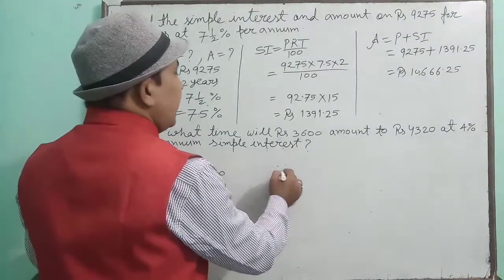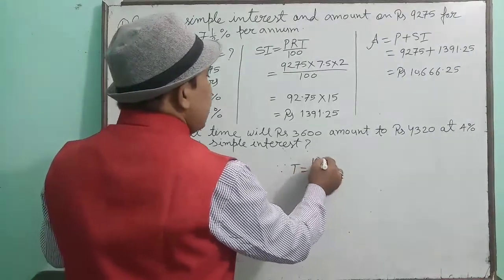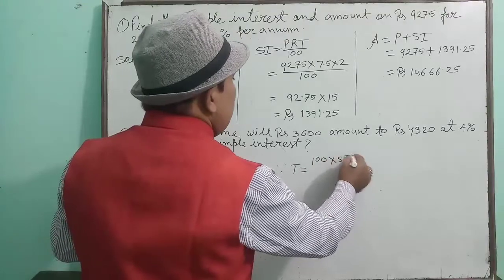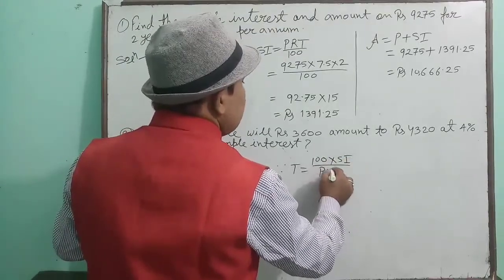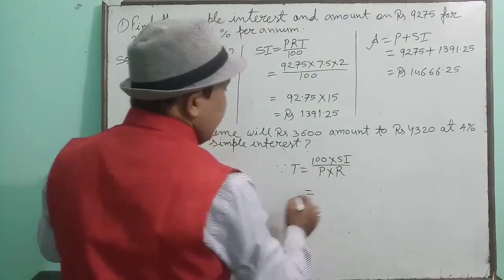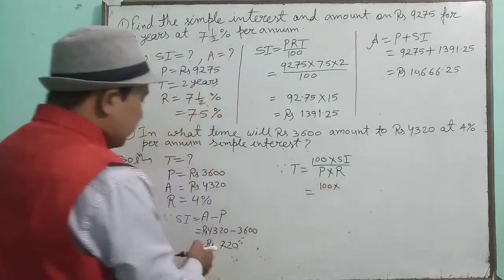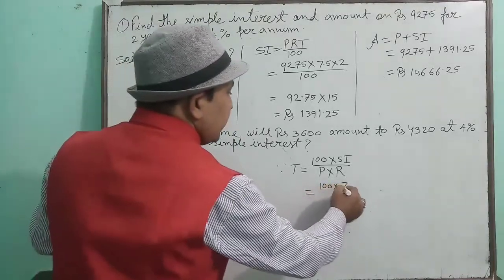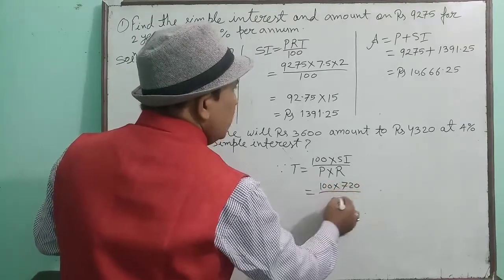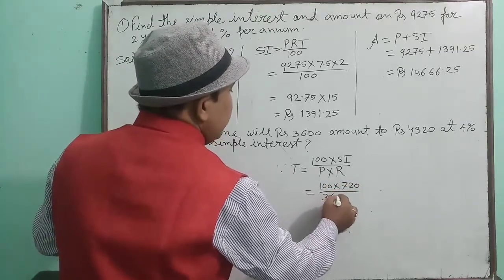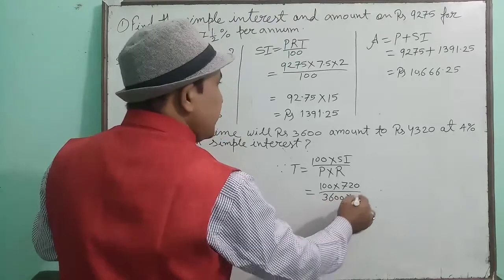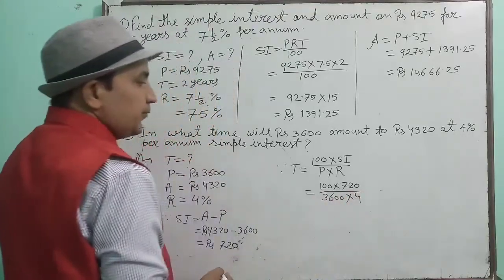Now we can find the time. Time is equal to 100 into simple interest upon principal into rate. 100, simple interest we have got 720, upon principal amount is 3600 and rate is 4.